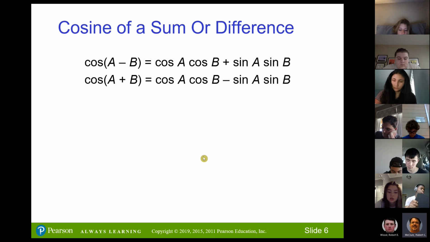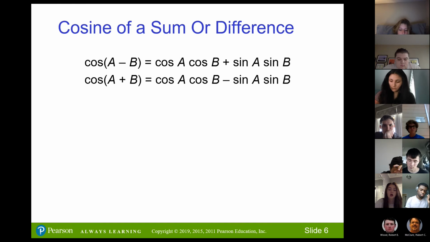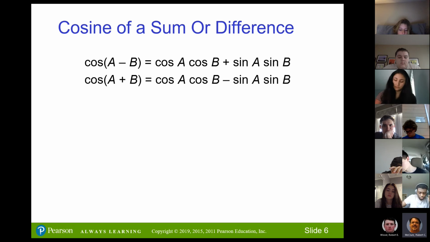Find the exact value of the following. I'll write it down for you. Find the exact value of cosine of 15 degrees.